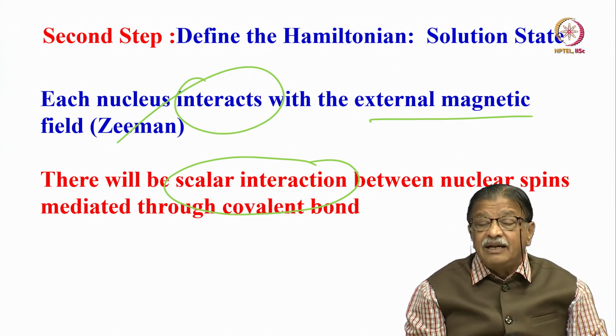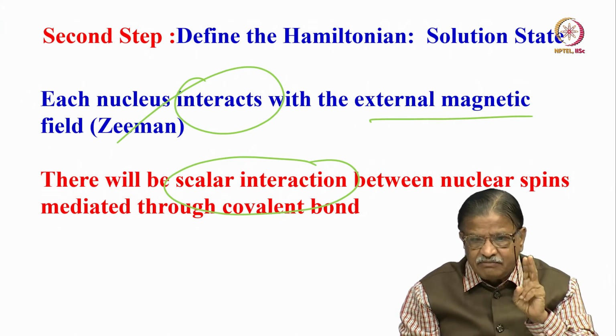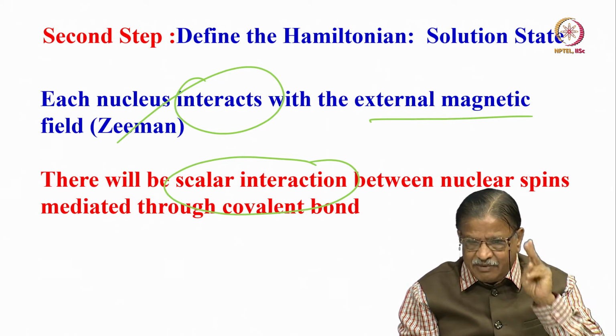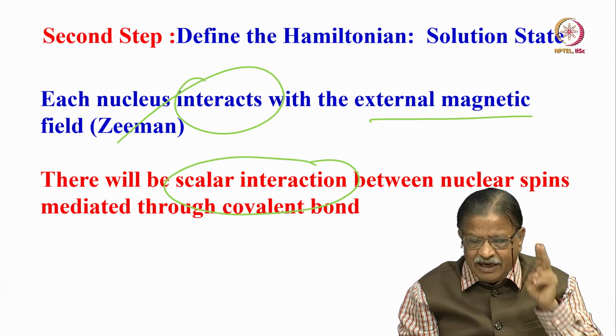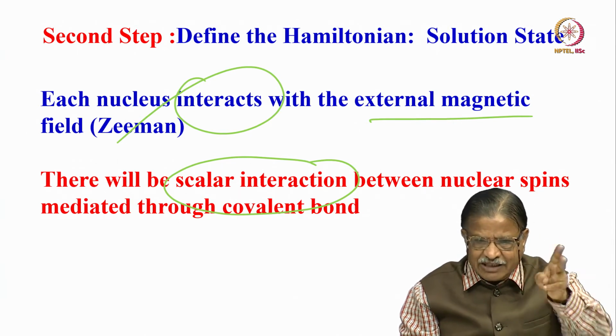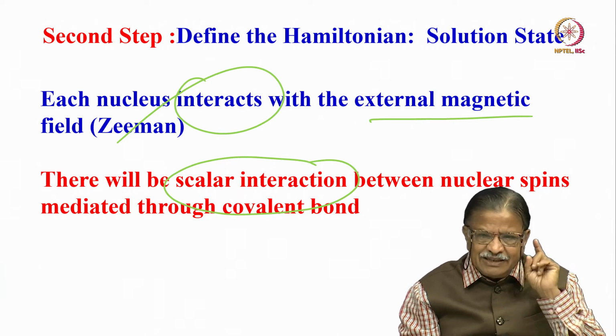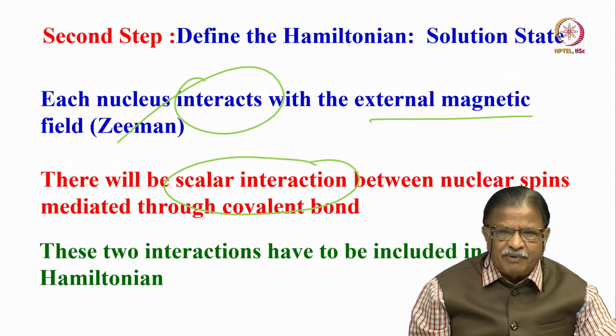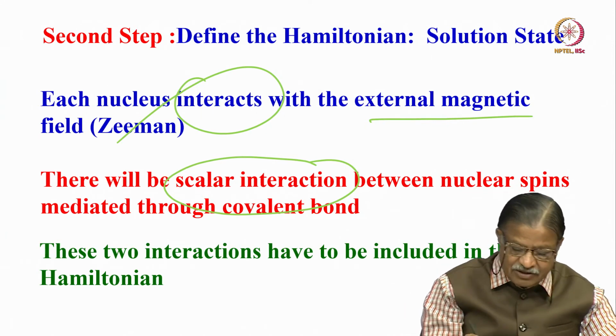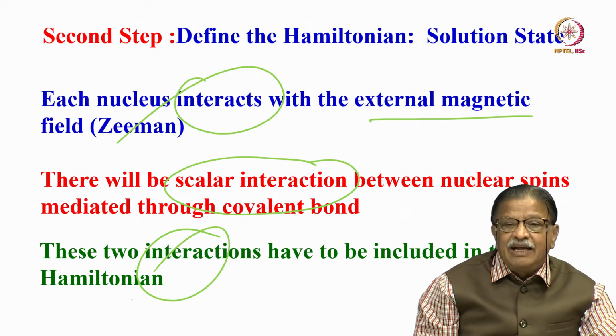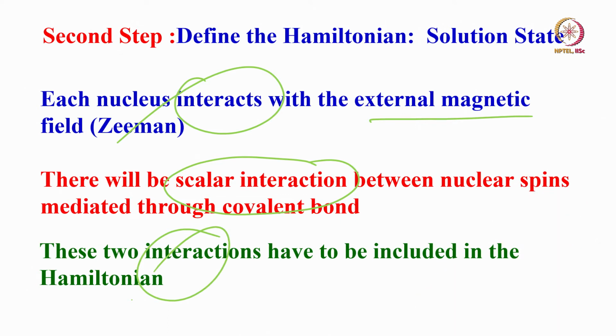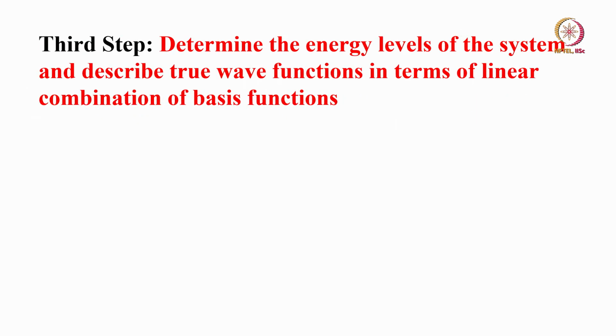There are three types of interaction if I have two spins: two chemical shifts, that is the Zeeman interaction of the magnetic moment of individual spins with the external magnetic field, and the other is scalar coupling. Both are present. These interactions you have to consider and then build the Hamiltonian to carry out the analysis. That is what we have to do.